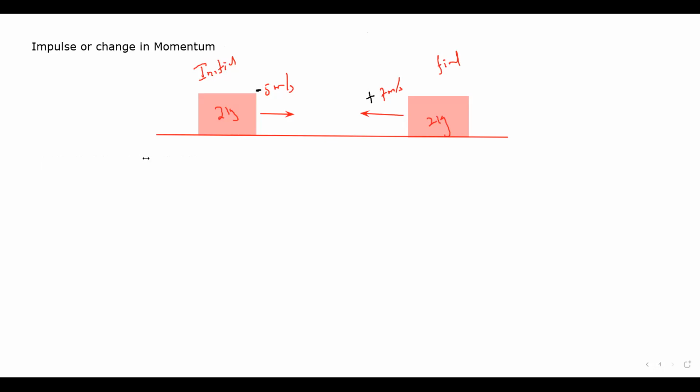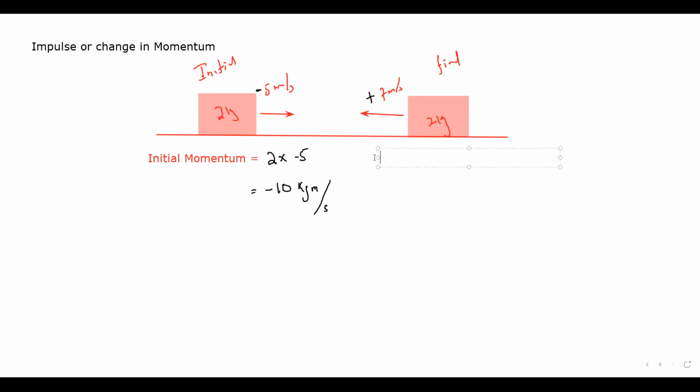So what is the initial momentum here? That is mass multiplied by velocity. So mass is 2 and the velocity is -5. So 2 multiplied by -5, the initial momentum is equal to -10 kilogram meter per second.